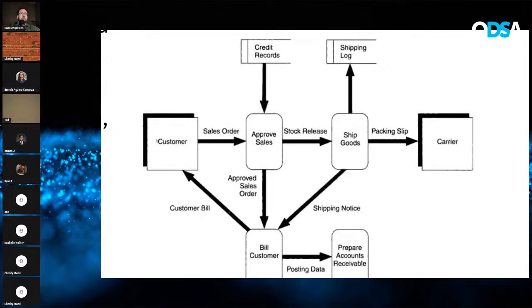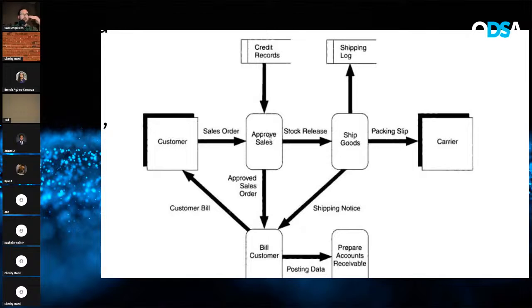After that sales order is submitted by the customer, that's when someone comes in and approves the sales. And the only way that sale can be approved is if that customer has a valid credit record. So the customer's sale gets approved, and then there's an automated process that kicks off to look at that customer's credit record.